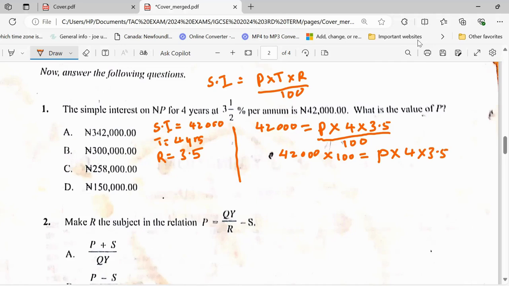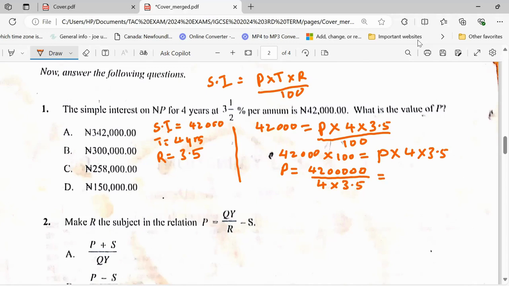So if we make P the subject, P becomes 42000. Of course, if you multiply by 100, that means you are putting additional 2 zeros here. So divide both sides by this product here, that is 4 times 3.5.